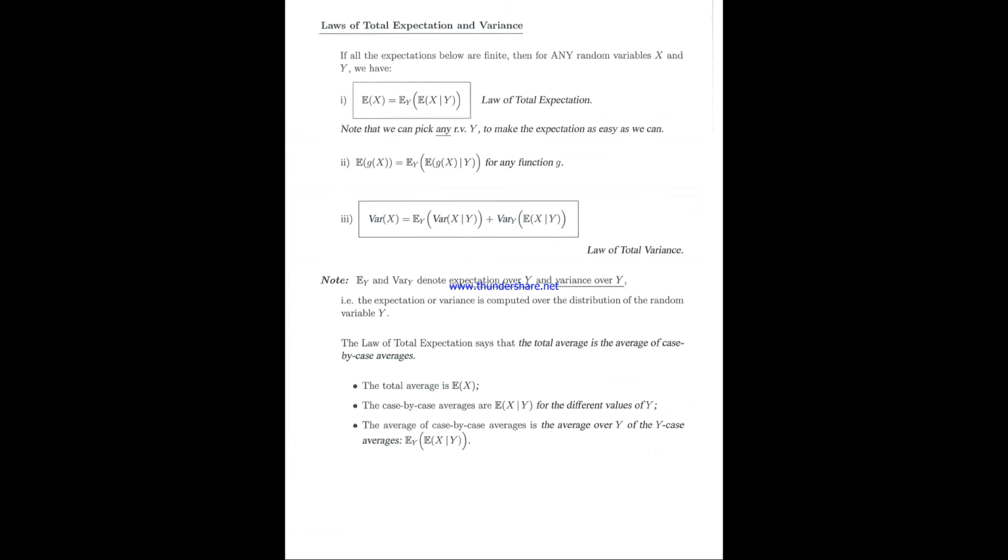And so the law of total expectation says the total average is the average of case by case averages.